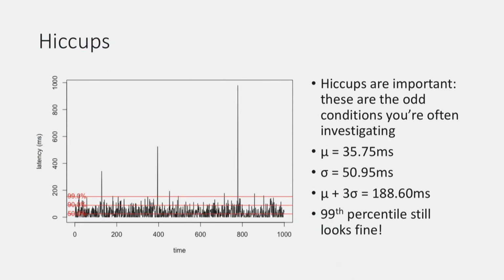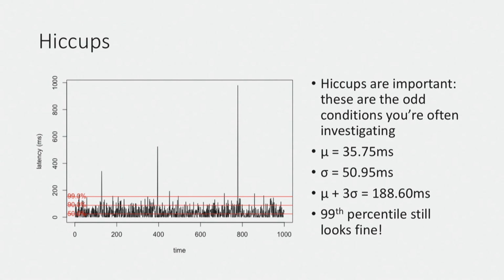So here's an example of important things you could miss. Suppose this is the latency response time of my system. Again, the 99th percentile even looks pretty okay. My 99th percentile is like 170 milliseconds. So 99% of my requests complete pretty quickly.